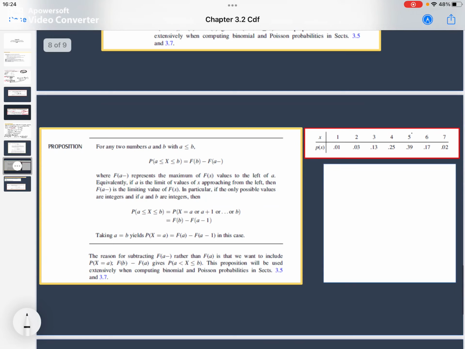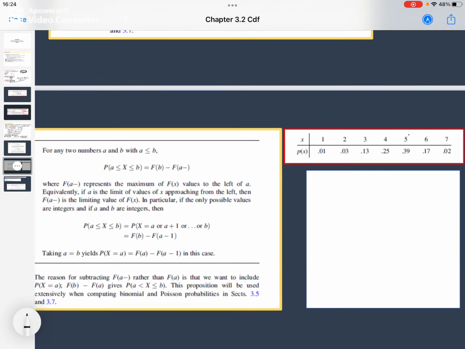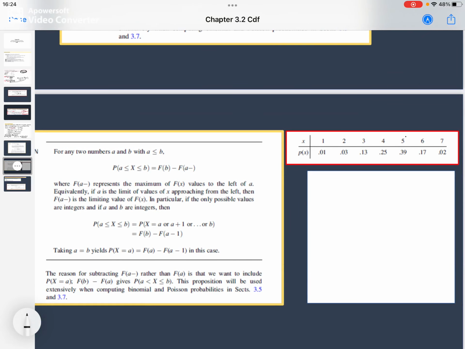Alright, so let us see what is meant by that. If we look at the proposition on the left hand side, suppose we have a scenario on the right hand side where x has possible values 0, 1, 2, 3, 4, 5, 6, and 7, and we have the corresponding probability values for each of these possible values.